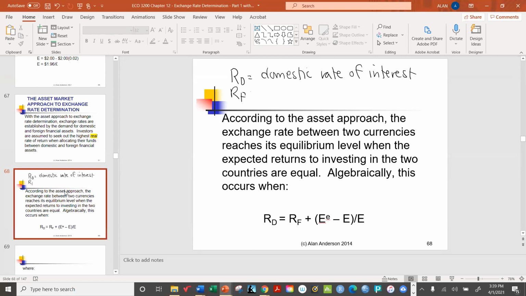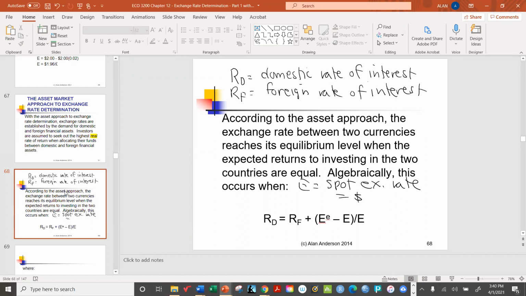RF will be the foreign rate of interest. Now we know that E is the exchange rate. This is quoted as dollars per unit of foreign currency.